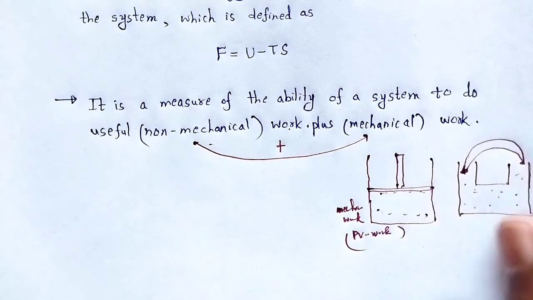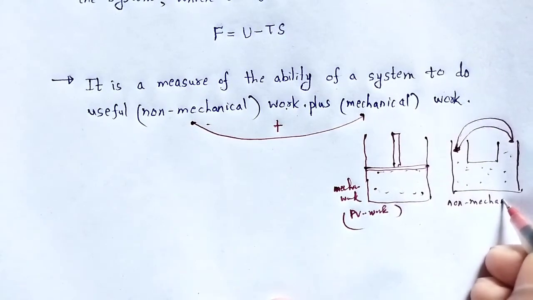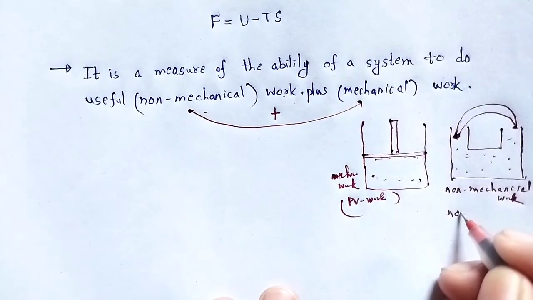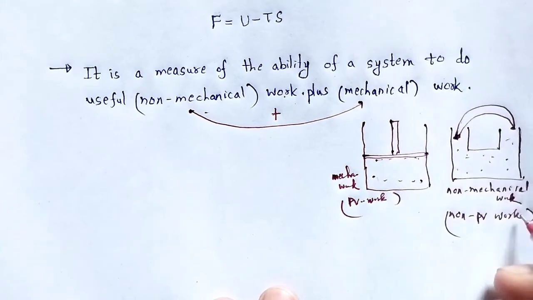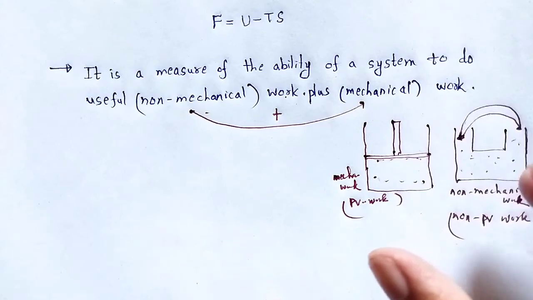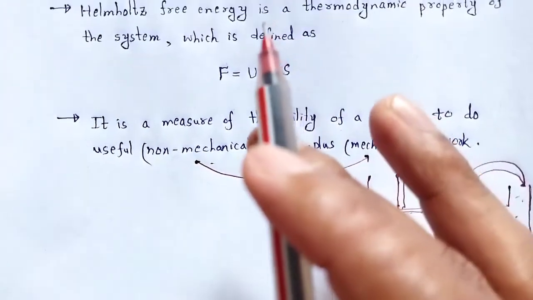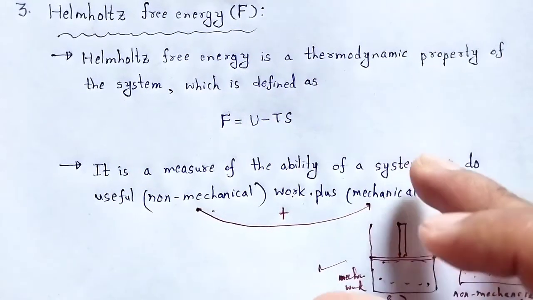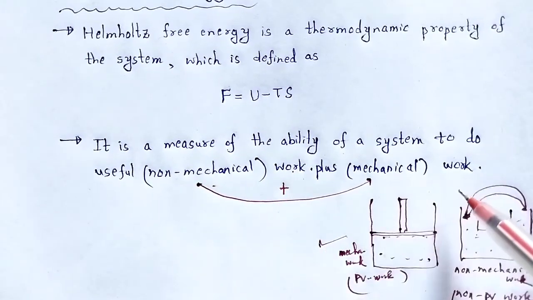That type of work is known as non-mechanical work, or we can say the non-PV work. There will be no such existence of pressure and volume. So this way we define mechanical work and non-mechanical work. Here the Helmholtz free energy is the ability of the system to do useful mechanical work plus non-mechanical work.